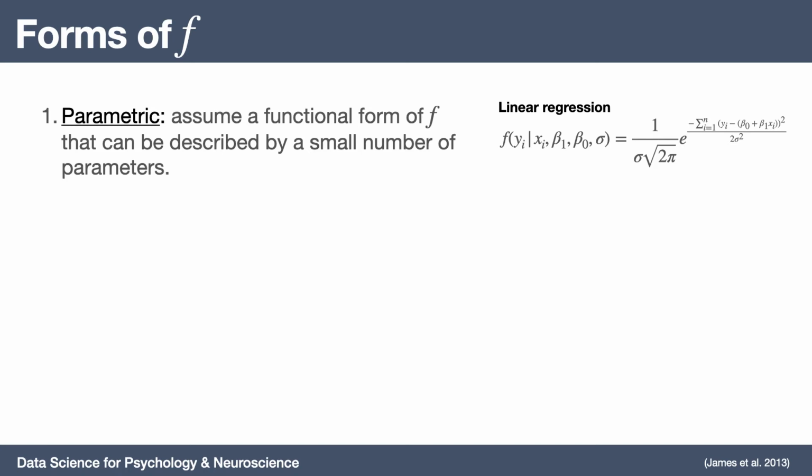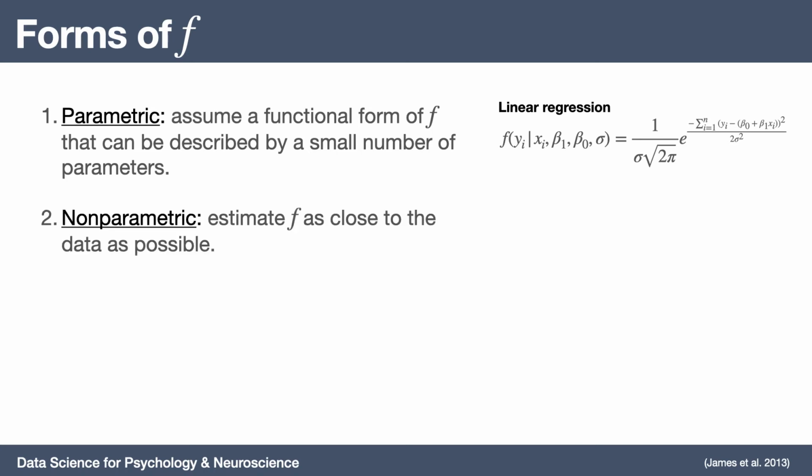Now, the other class or form of f models that we'll be going over are non-parametric models. In these, you estimate f as close to the data as possible, but you don't assume a functional form. Whereas with the linear regression equation that we see in the top right, it follows the functional form of a Gaussian distribution.